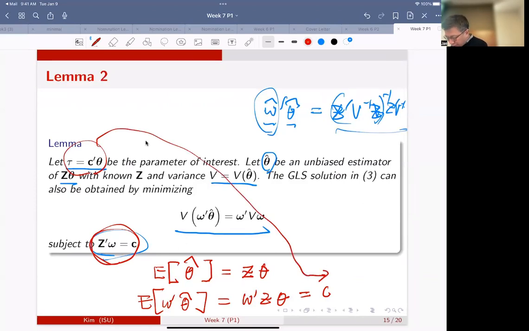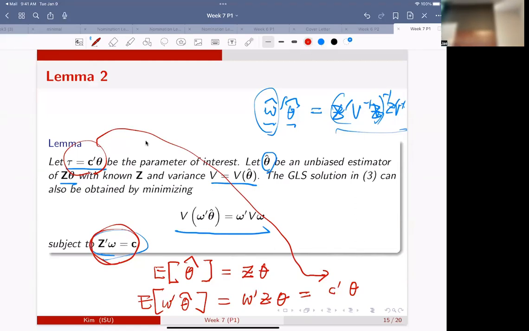So we should have omega prime C, and we want this to be equal to C prime theta.